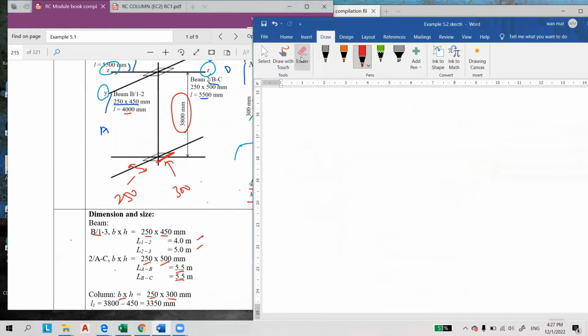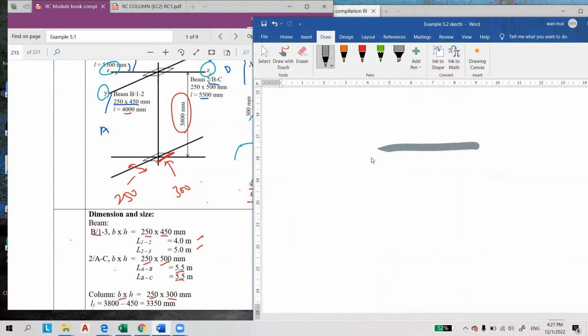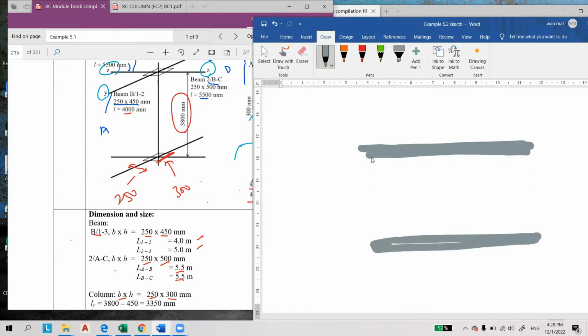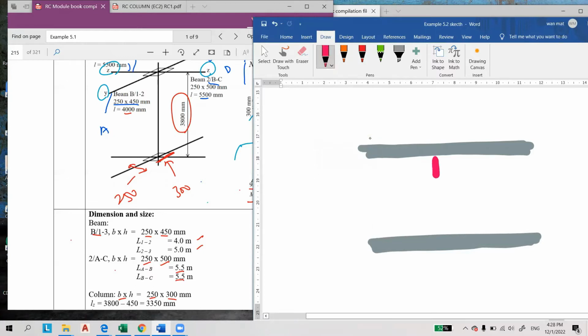Let's say you have a beam here, this is a beam at the first floor, and this is the ground beam, and then this is the column.